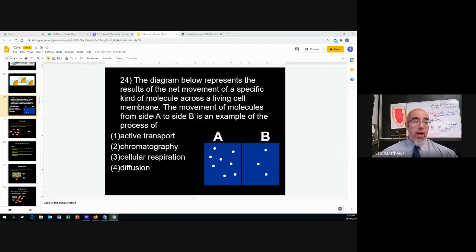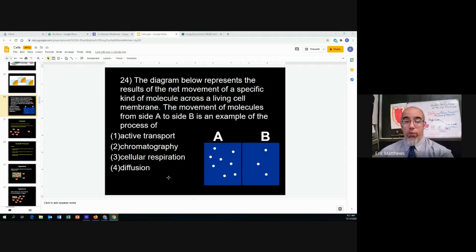So from A to B, here is A, here are your molecules, here is B, here are those molecules. So if the molecules move from A to B, so they are moving from the left side to the right side, is that active transport, chromatography, cellular respiration, or diffusion?